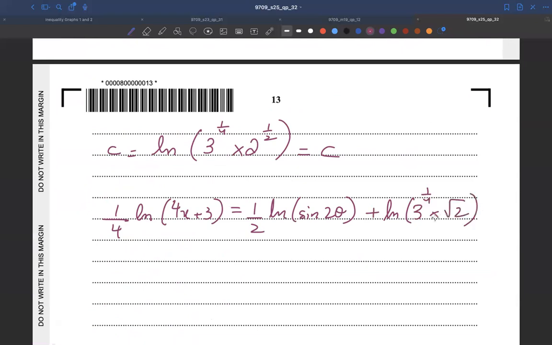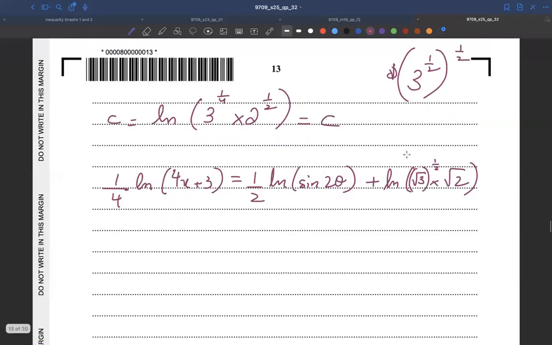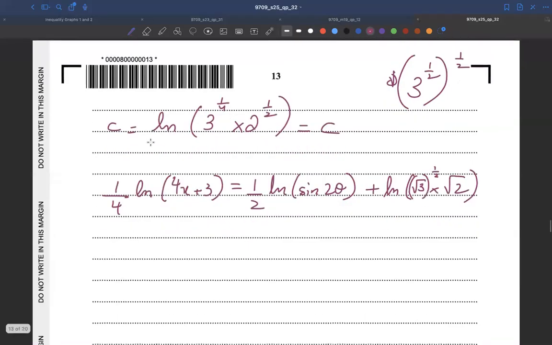And we can also write 3 power 1 upon 4 in the root form. So 3 power 1 upon 2, and basically this is 2 square roots, so we can write it as root 3 to the power of 1 upon 2. Okay, I can see a way we can simplify it further.